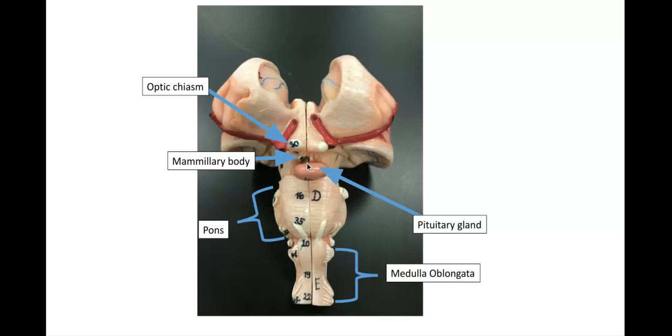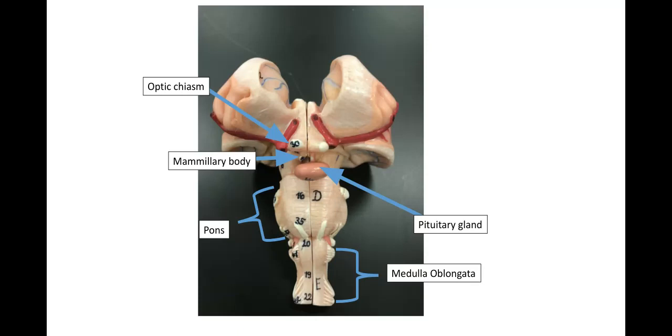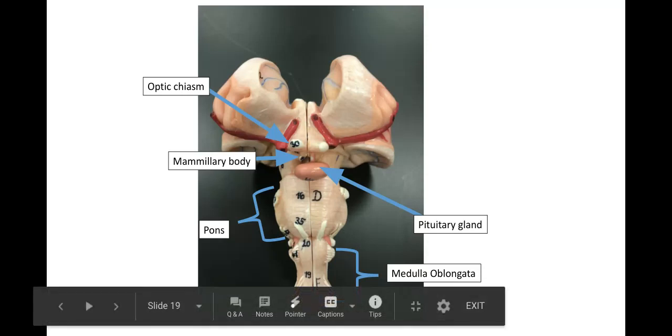This is like a little button that is that part of your brain that is going to be responsible for memory. It also is really associated with your hypothalamus. Again, this widened part is the pons, and then down to the medulla oblongata.